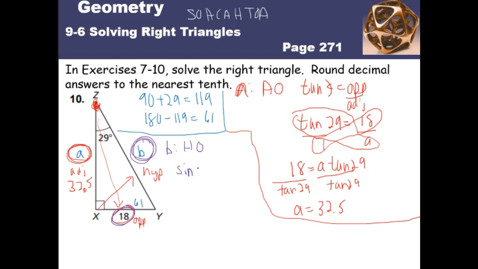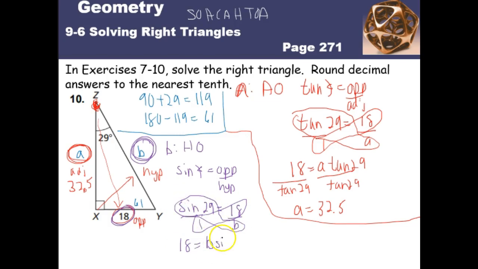So I'm going to say the sine of the angle is equal to the opposite over the hypotenuse. So the sine of the angle, this time my angle is still 29, and my opposite is 18, and my hypotenuse is B. So put this over 1 and cross multiply, and I get 18 equals B sine 29.